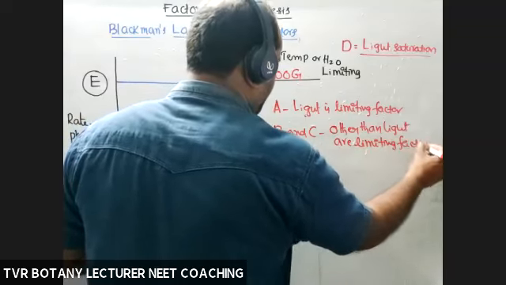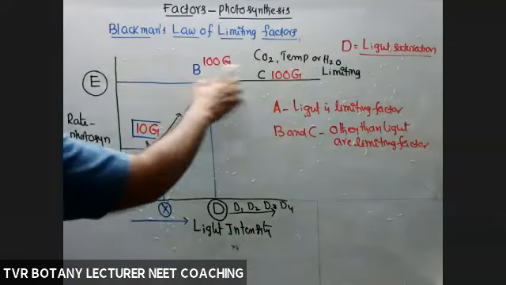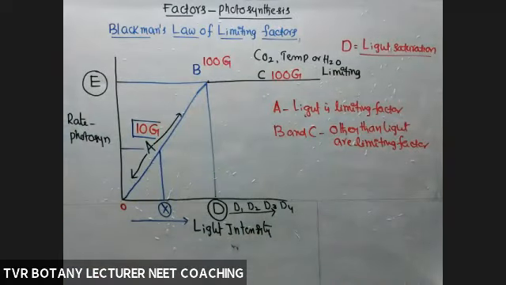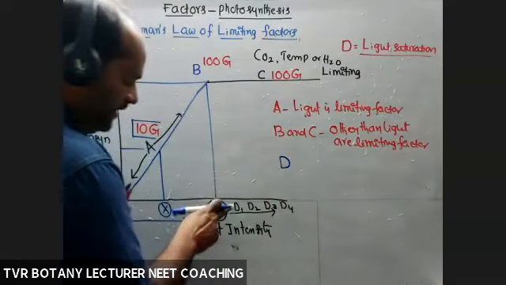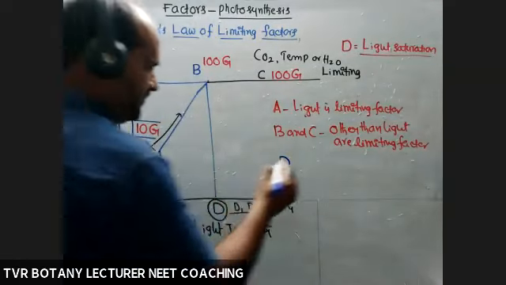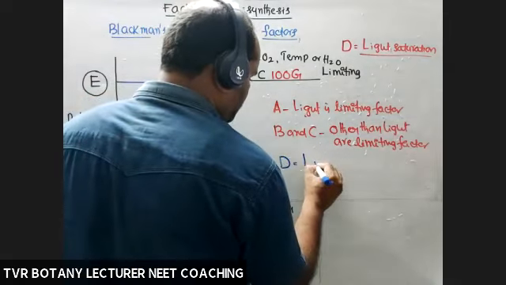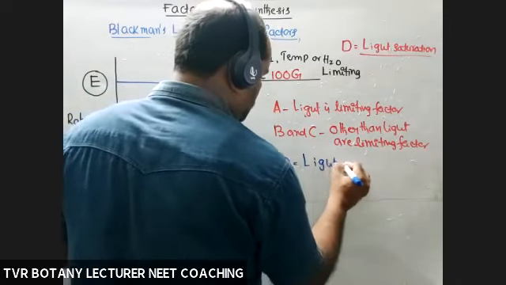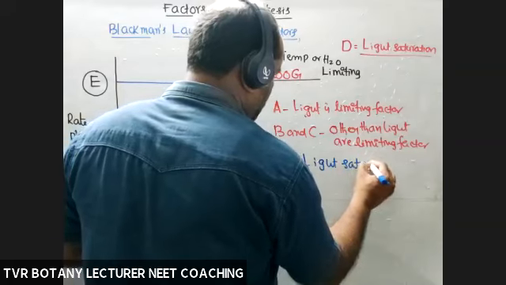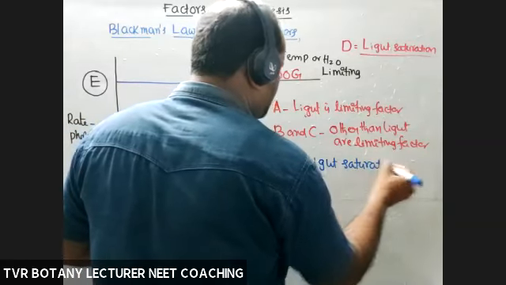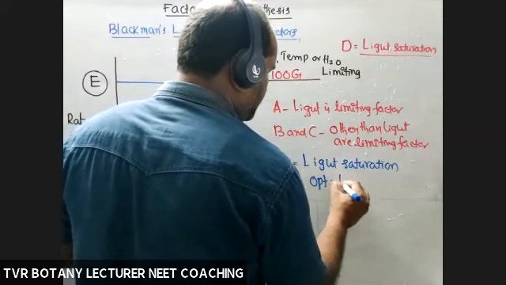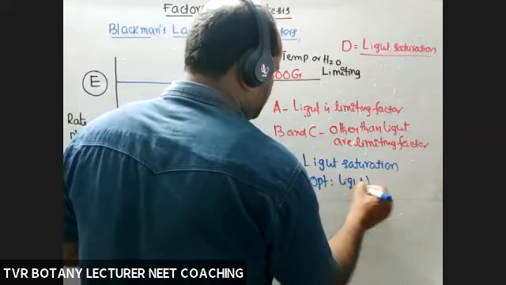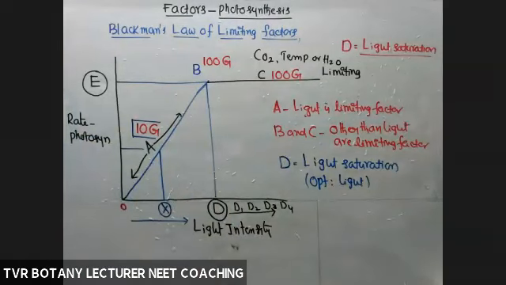Light is not a limiting factor, according to 100 glucose molecules. And D represents light saturation; in the textbook only D is given, D1, D2 I created. Light saturation means optimum concentration of light. That is enough. D is enough. D1, D2, D3, D4 are not required, more than required.